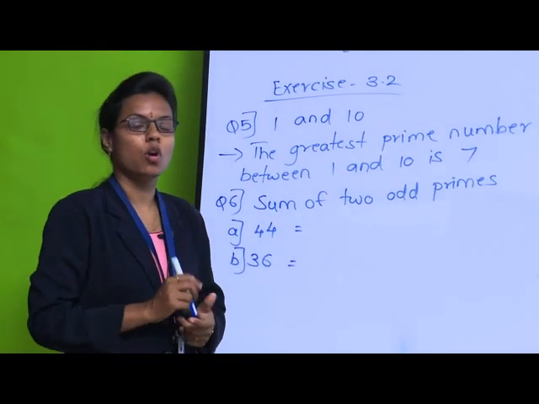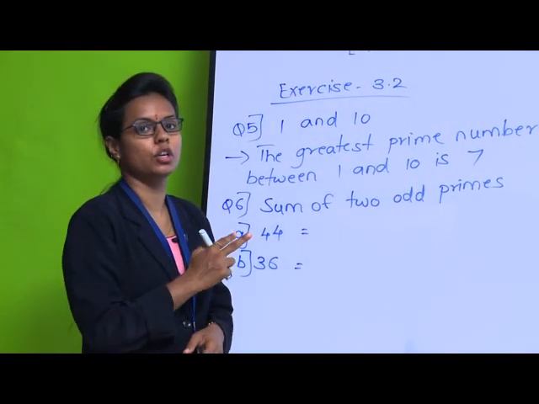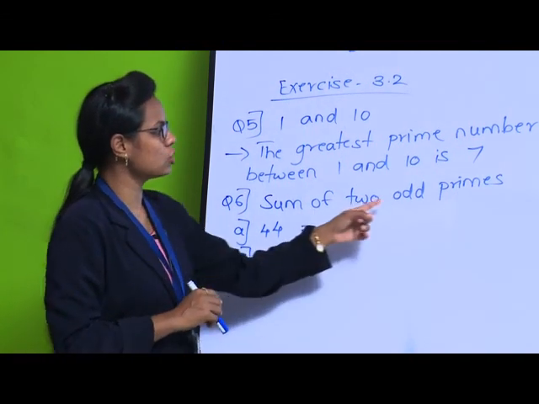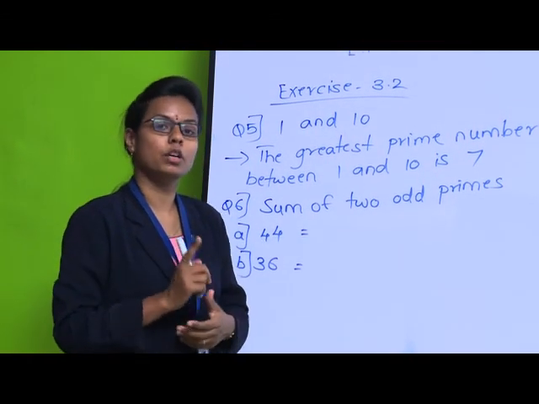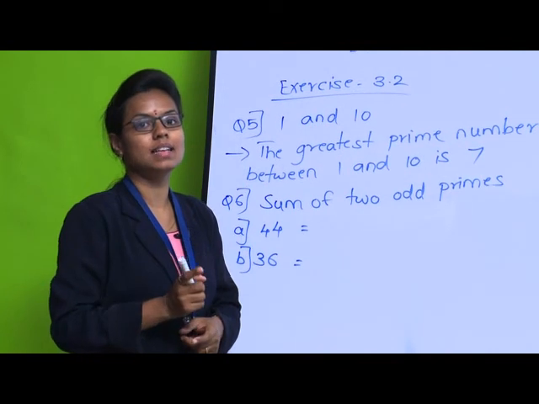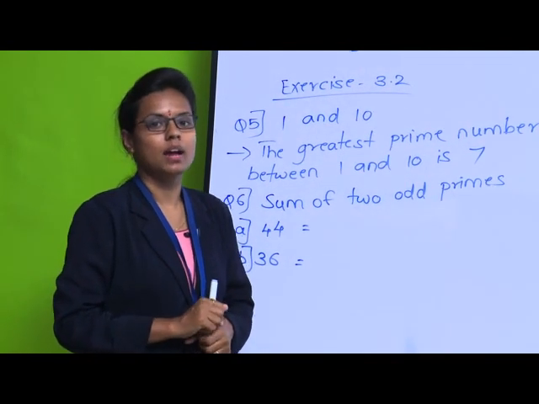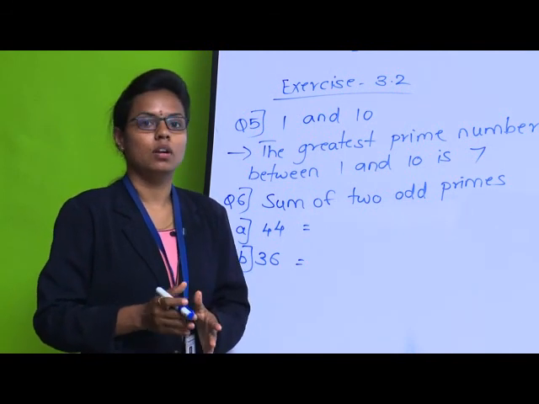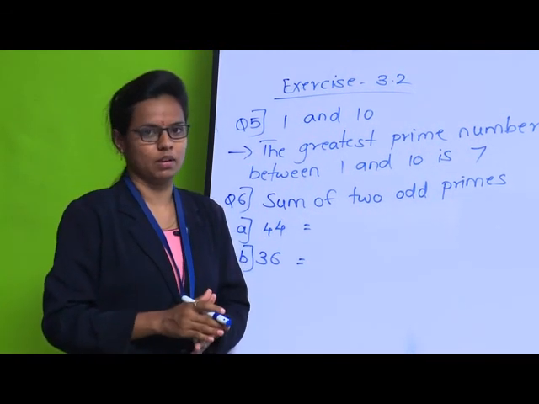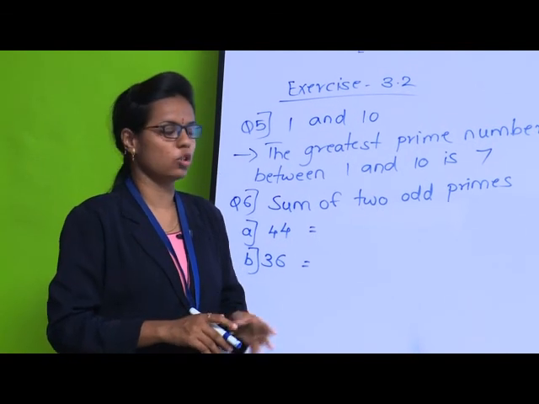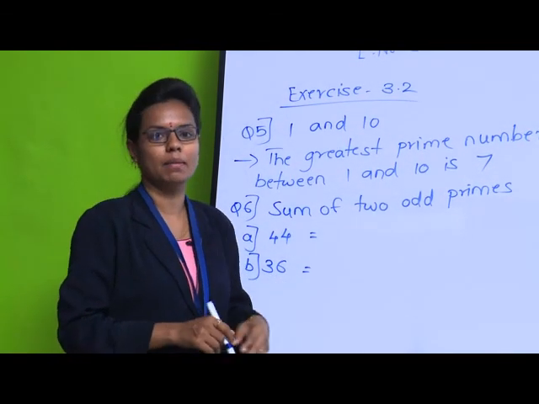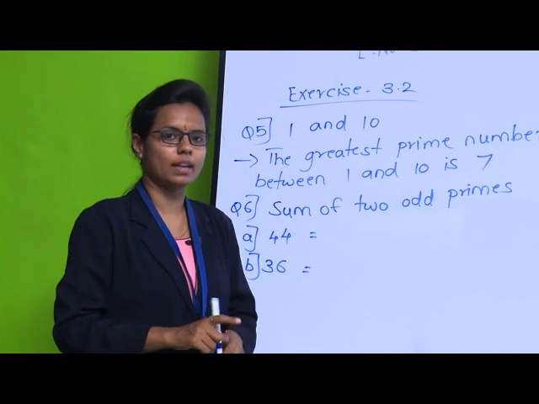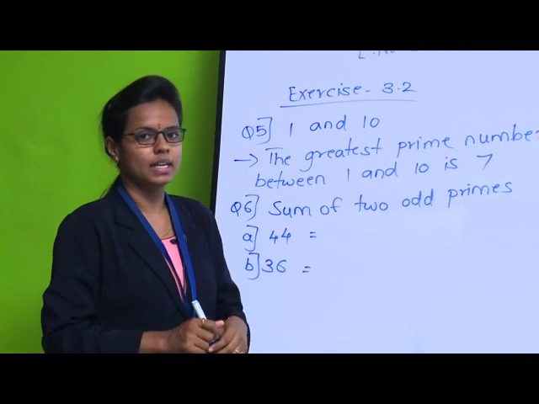The numbers should be odd as well as prime. What is an odd number? An odd number is one which doesn't come in the 2's table, and prime numbers have only 2 factors, 1 and the number itself.